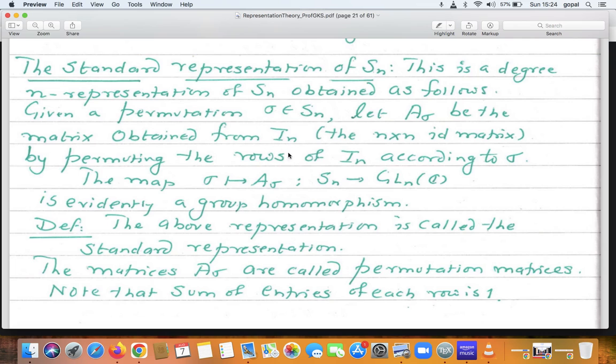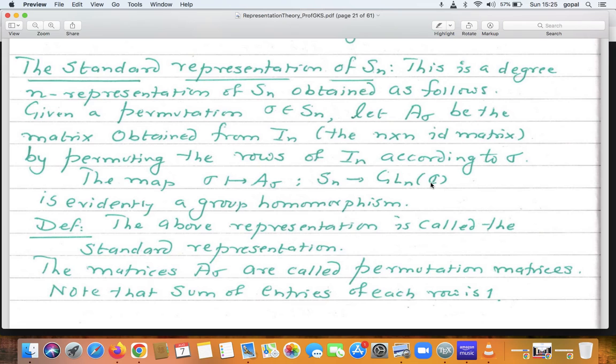So we start with the identity matrix, n rows and n columns. Take a permutation in Sn and simply apply that permutation to the columns of the matrix. The matrix so obtained is called A sub sigma. Sigma going to A sub sigma is a group homomorphism from Sn to GL_n(C).